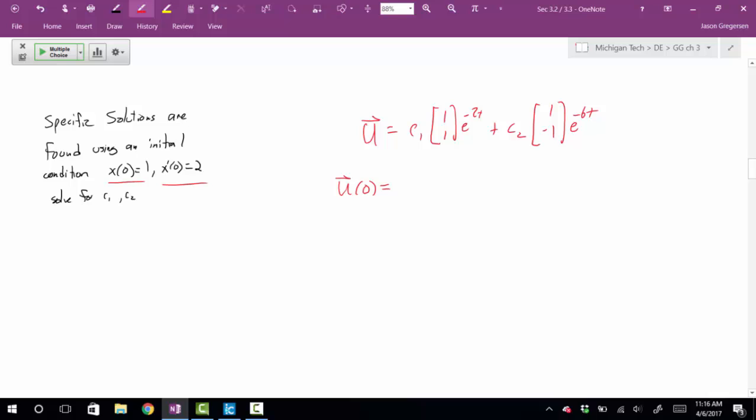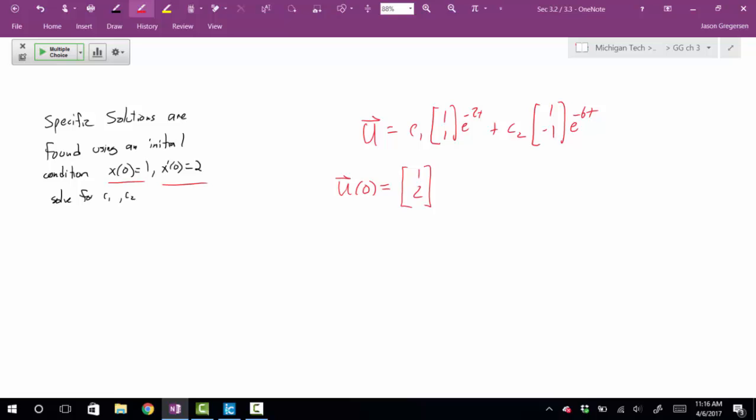So what is the state of my system at time equals 0? At time equals 0, my solution looks like this. How about 1, 2? That would be an initial condition for my system, giving me the value of u1 at 0 and u2 at 0. I'm just writing it in vector form.